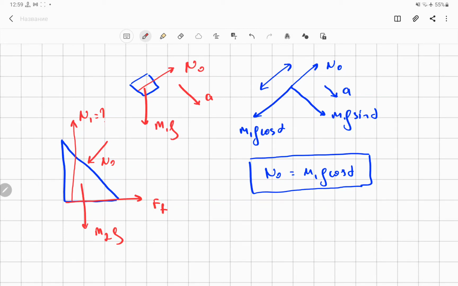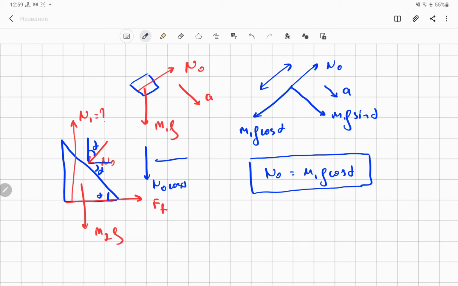And as you see, only N0 has a X and Y component. Let's write it in this way. In this direction we have, so first we need to find angle, this angle alpha, this is alpha, so N0 times cosine alpha.